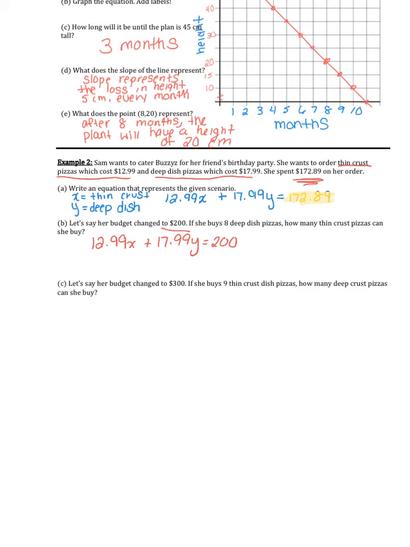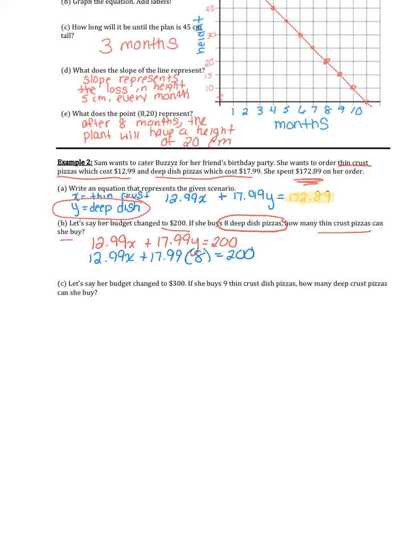So let's say if she buys 8 deep dish, how many thin crusts can she buy? Okay, so deep dish is Y, right? So I'm going to rewrite this equation with 8 in for Y. So $17.99 times 8 is equal to 200. I'm going to grab my calculator here and do $17.99 times 8.